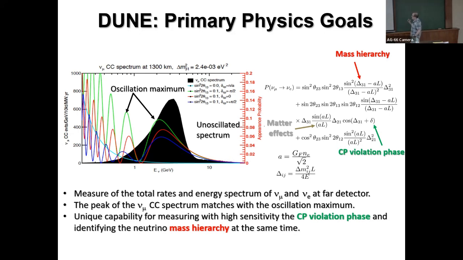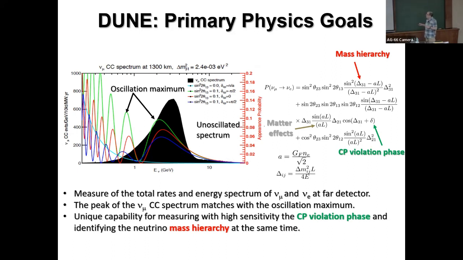For instance, this green means when you have delta CP equal to minus pi over 2. Remember that the two remaining measurements that you are going to work on in the future in neutrinos are delta CP and the hierarchy of the masses.